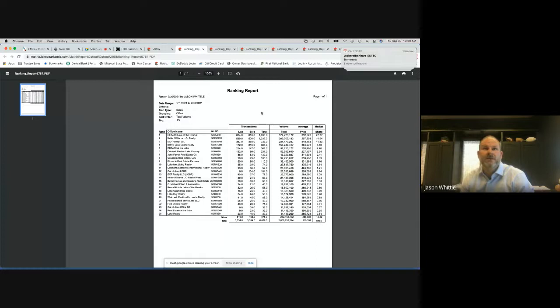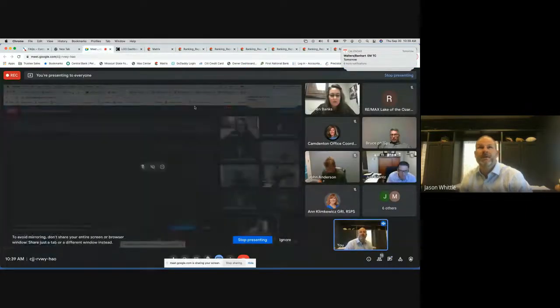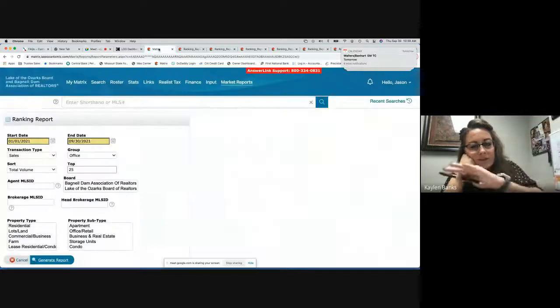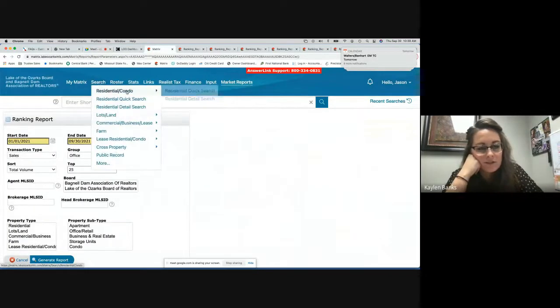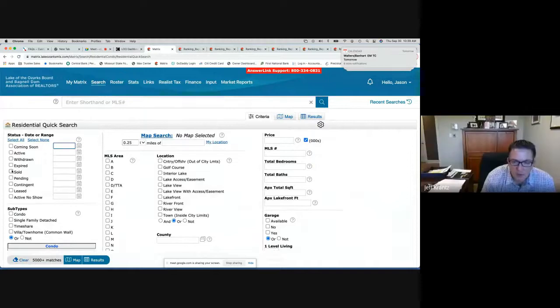You can figure out how many double dips we had. Actually, I don't know how to run that report. Jeff, isn't that done by the front office, right? I was going to say, isn't that on the quick search in that very bottom list and then sell side? I was struggling with this the other day because I think we used to be able to see it on Matrix on our reports.